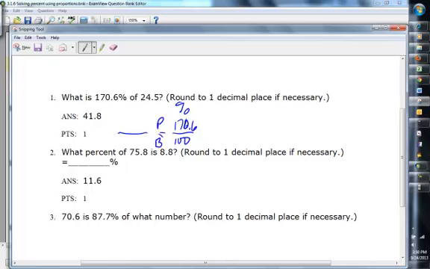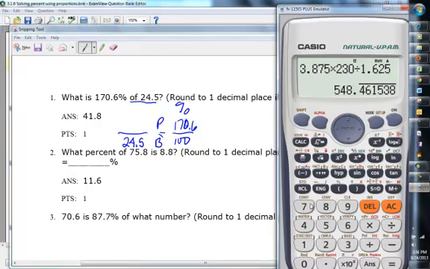This is the part. The number after the of is always the base, 24.5. So now when we cross multiply and divide, 24.5 times 170.6 divided by 100 gives us 41.8, rounded to one decimal point.